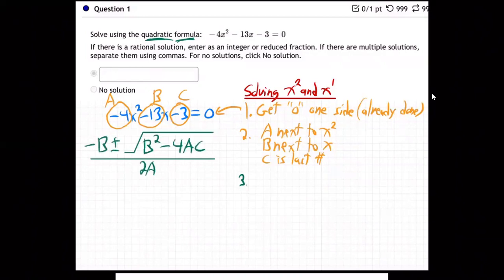There it is. That's what's called the quadratic formula. It's what you use to solve x squared equations that have x squared and regular x. So that's what we're going to use. We're just going to plug into that thing now.